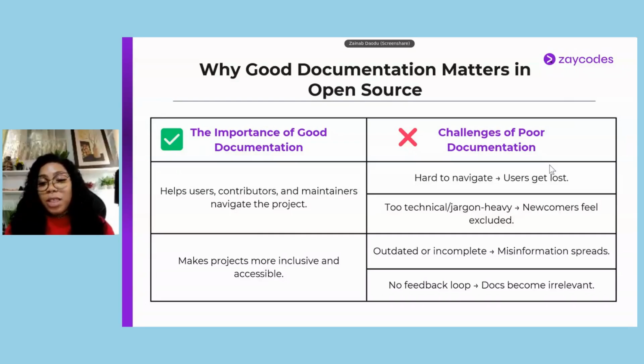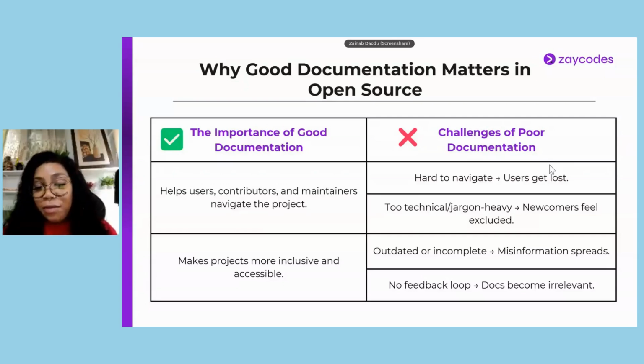So good documentation, especially for open source projects, makes it easy for contributors to contribute to the project, and reduces the load on maintainers because a lot of information is already answered in the documentation, and it's easy for people to find and do what they need to do without having to rely on maintainers. It makes it easy to navigate the project, understand what the project is about, and helps users achieve their goals. And it makes your project more inclusive and accessible to a lot of people.